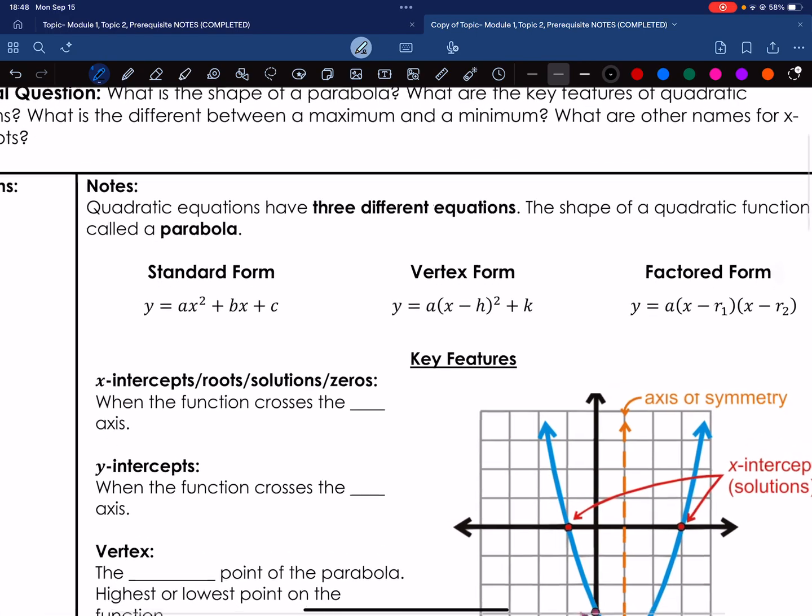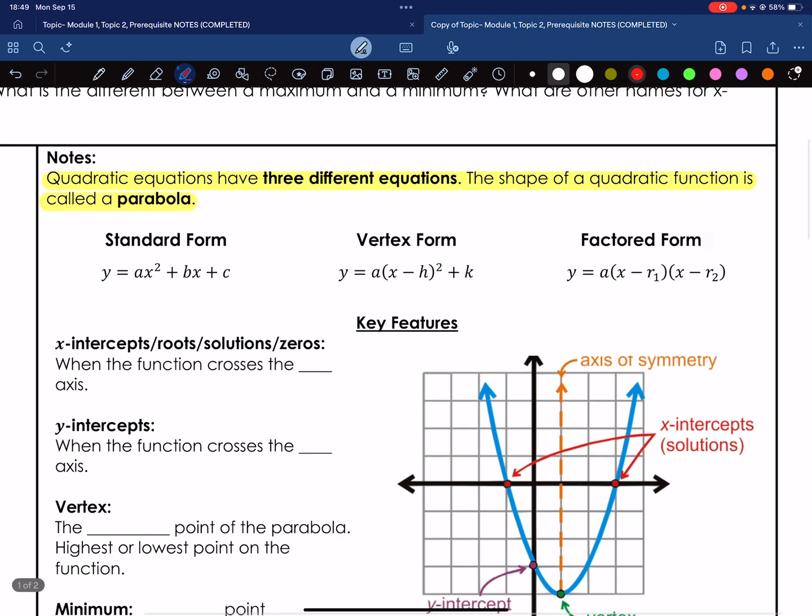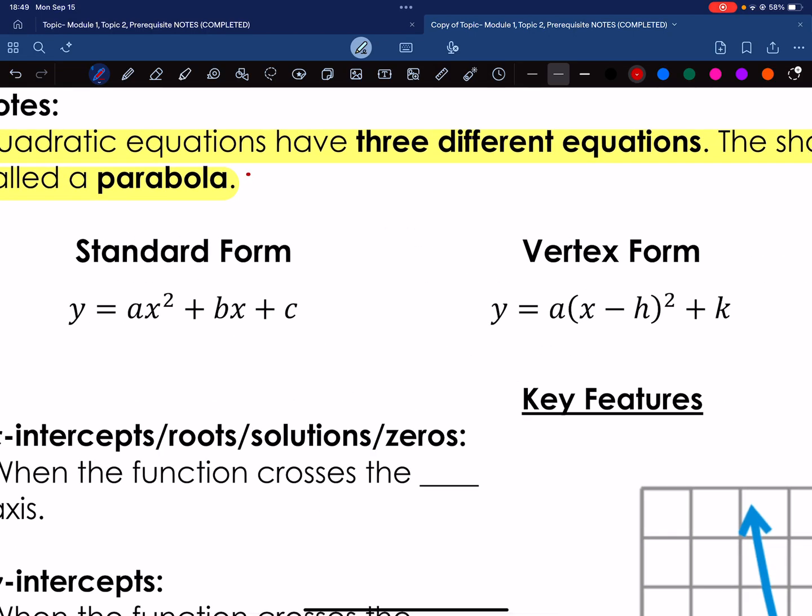So looking at our notes, it says a quadratic equation. Quadratic equations have three different forms, and the shape of a quadratic function is a parabola. So a parabola is a U-shaped graph. It can be a U or it can be an upside down U, but it is U-shaped.